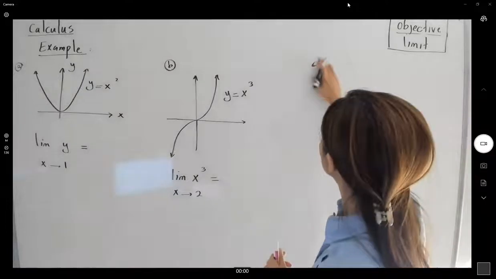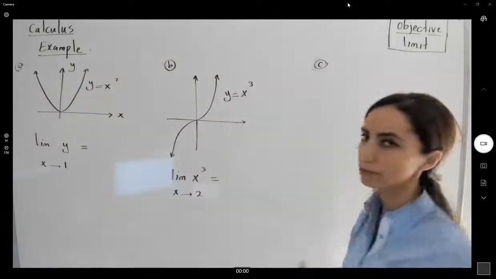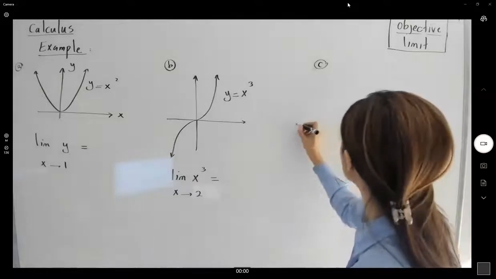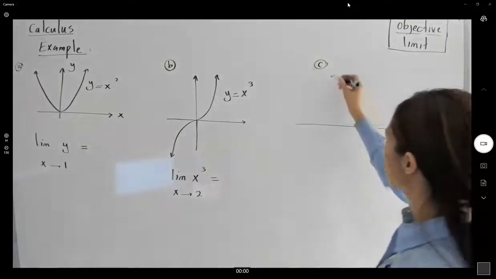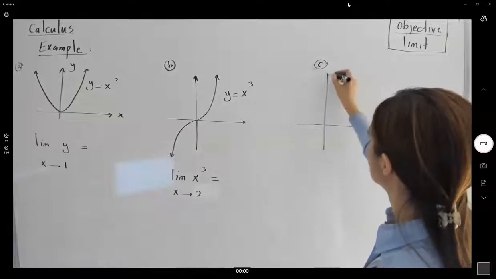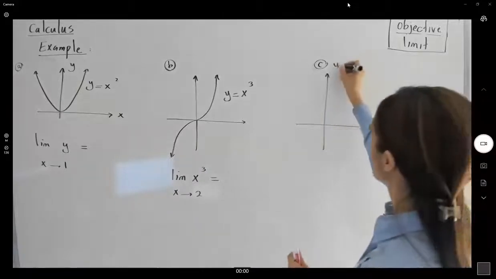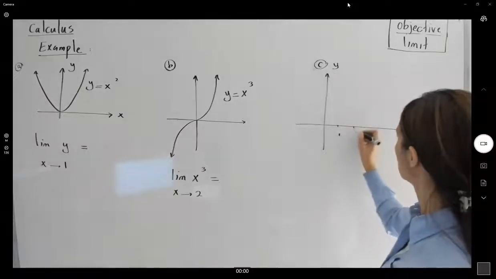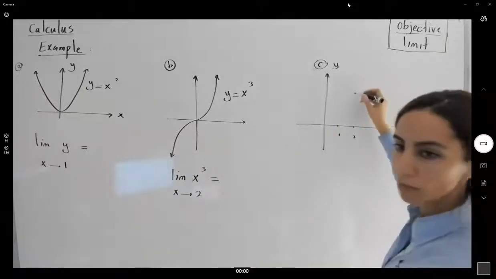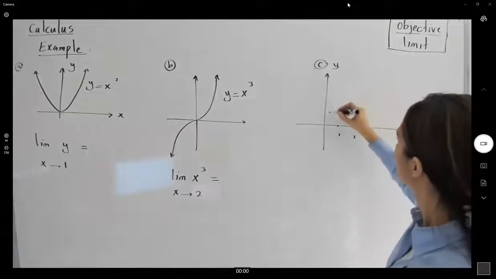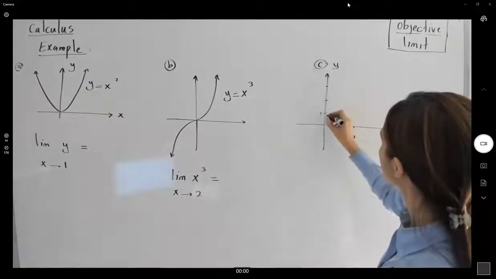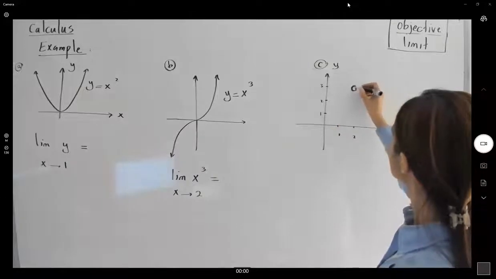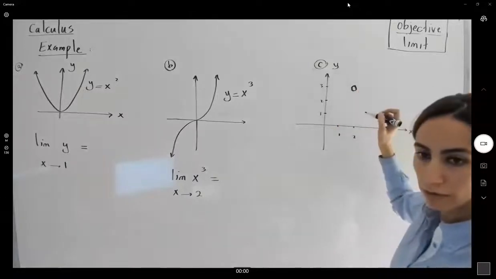C. I'm going to give you this function. This is a piecewise defined function this way. Okay, here we go. X-axis, y-axis. Let's take a look at the behavior of the function. 1, 2. And here you have 1, 2, 3. So this point is not on the graph of the function.